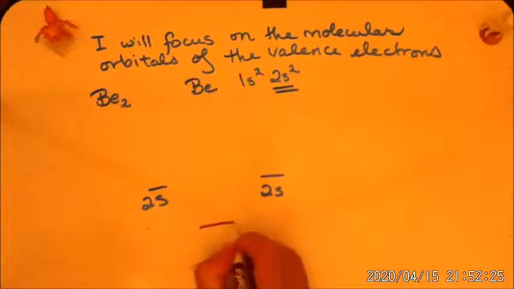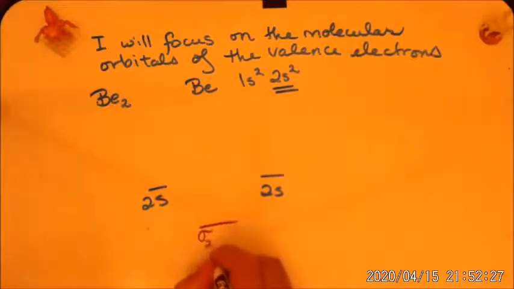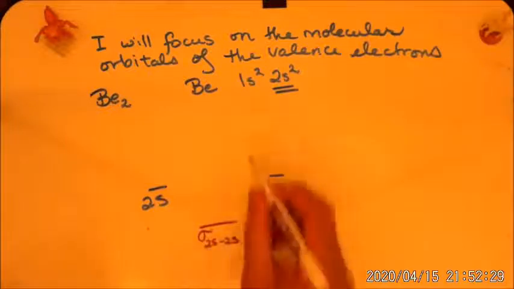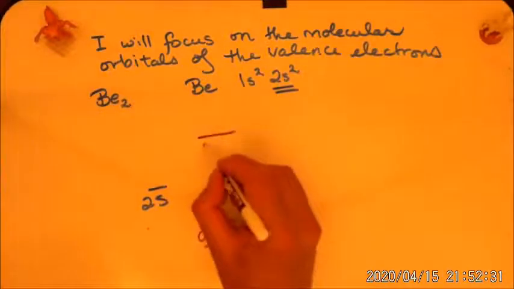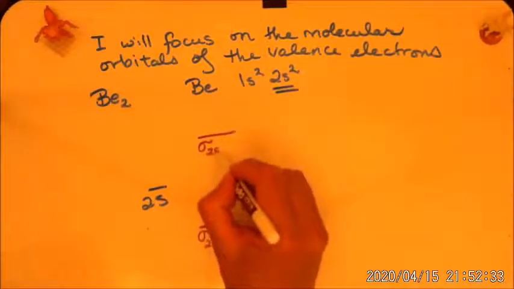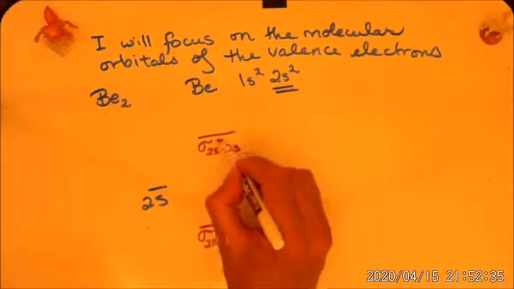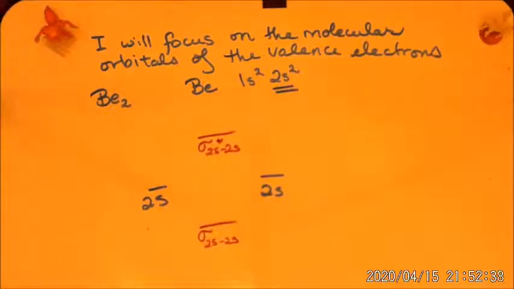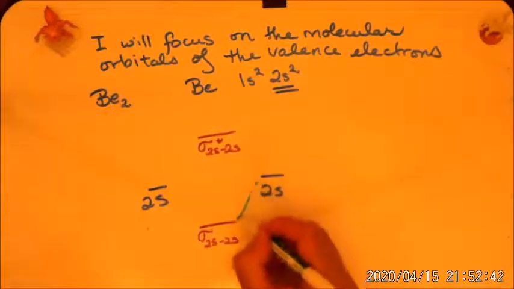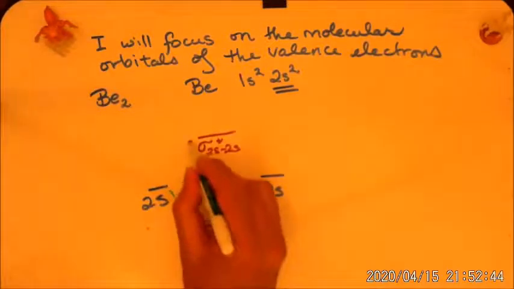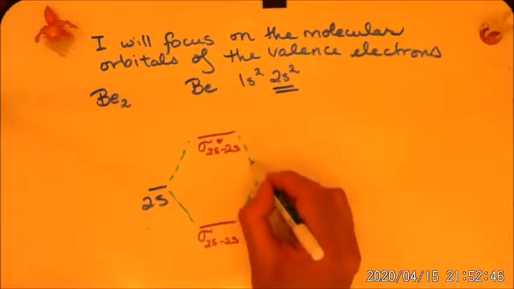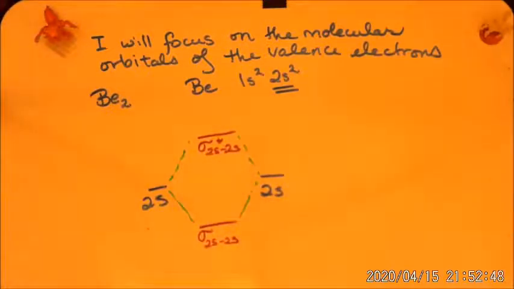you're going to get your sigma 2s, 2s. You're going to get your sigma star 2s, 2s. Okay? And when you do that, let's take a look at the number of electrons we have.